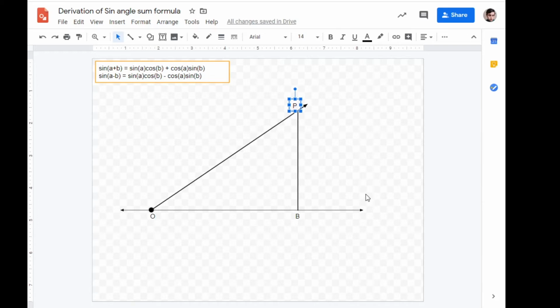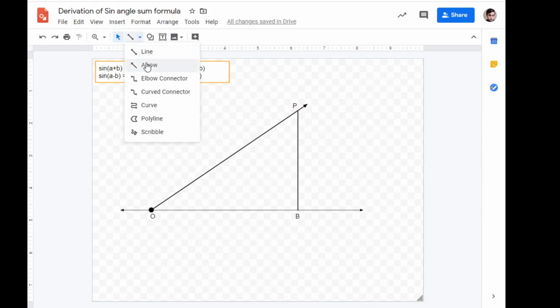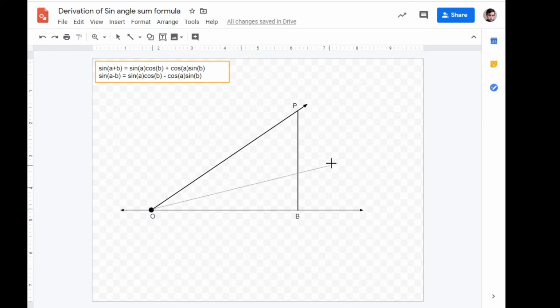Again, this is my x-axis. We have an angle here, and this line segment from P to B. So we can say that the sine of this angle, if we say that this length is 1, then that is going to be a length of sine of the angle. Okay, so let's draw another arrow, something like this.